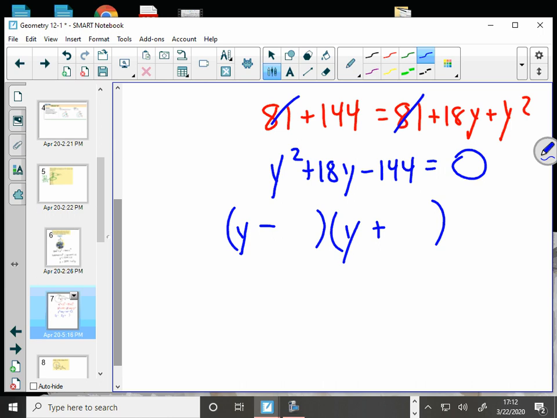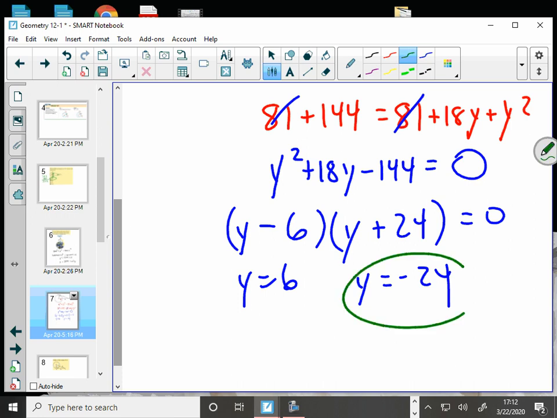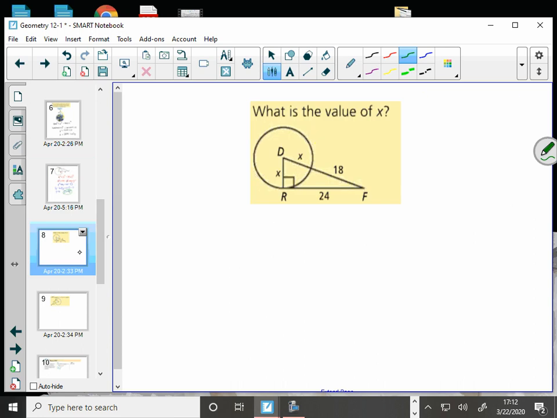Let's see. 24 and 6. All right. Yeah. So y equals 6. Y equals negative 24. That's a negative length, which does not make any sense. So we throw that away, and your answer is y equals 6.